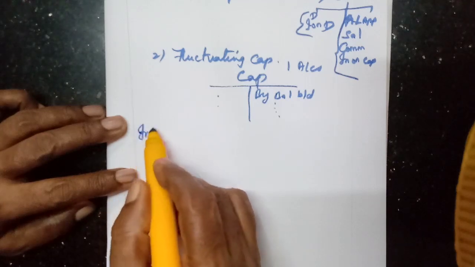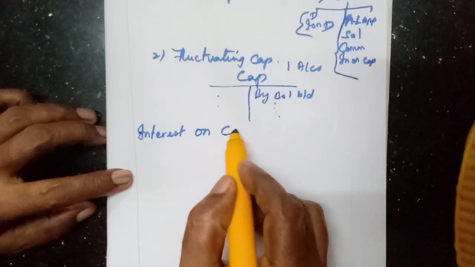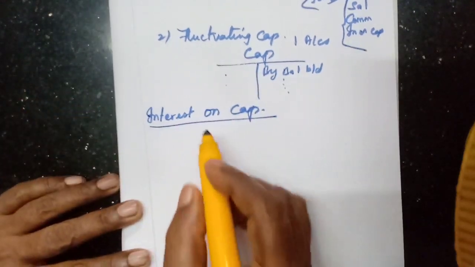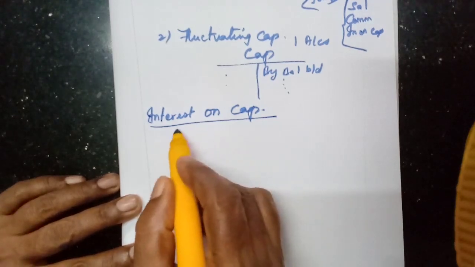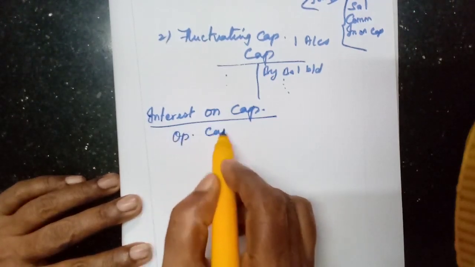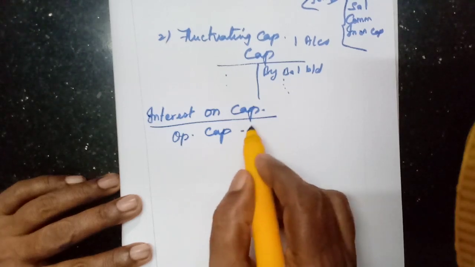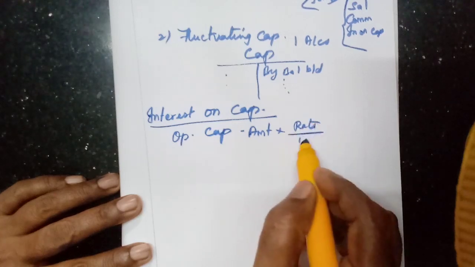calculation of interest on capital. Next heading: interest on capital. What is interest on capital? How did we calculate it? Usually we calculate the interest on capital on the opening capital, and this is simply amount into rate of interest by 100. Very easy.